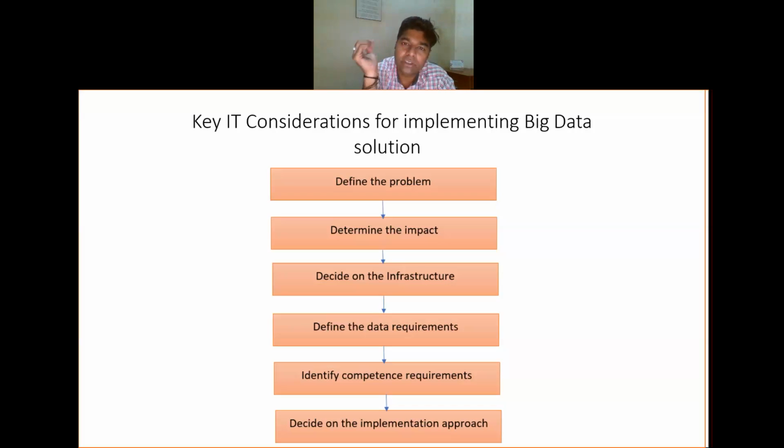So these are the key considerations for implementing a big data solution: define the problem, determine the impact, decide on the infrastructure, define the data requirements, identify the competence requirement, and finally decide on the implementation approach, that is, what approach will be used to provide the big data solution to the particular business organization.